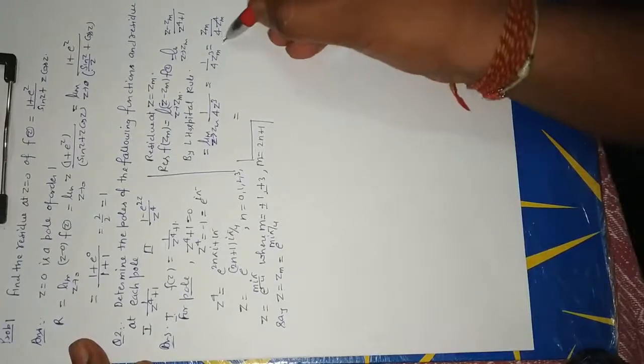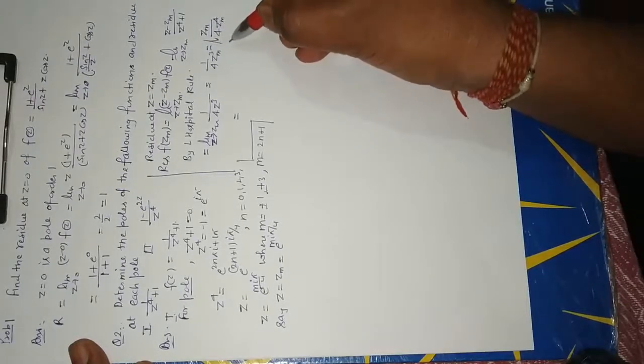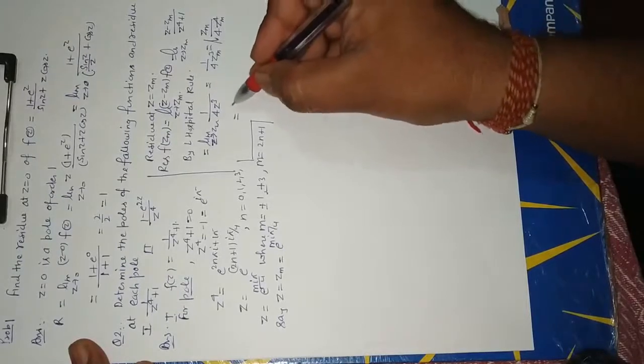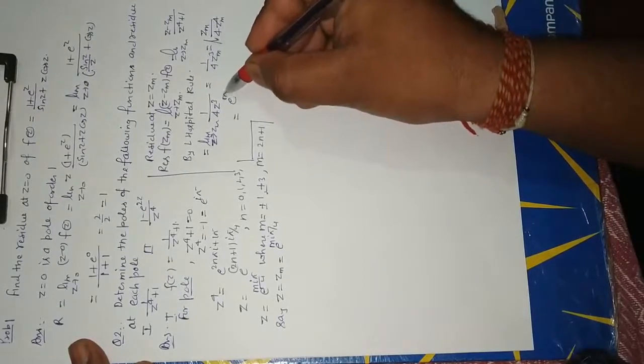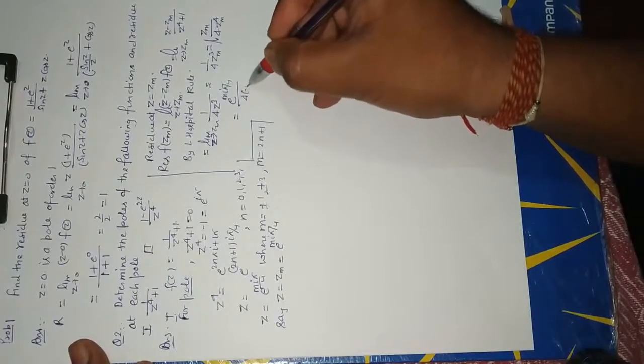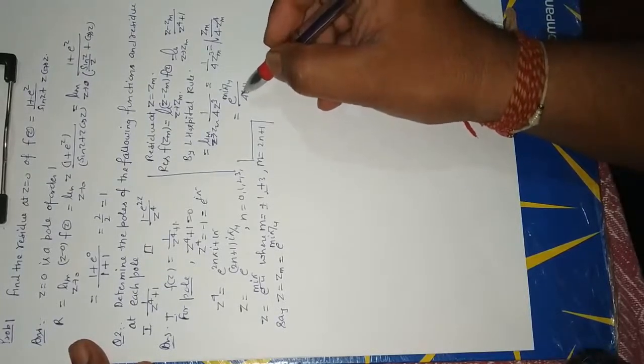Now putting the value of z_m, e to the power m i pi by 4 upon 4 into minus 1. Okay.